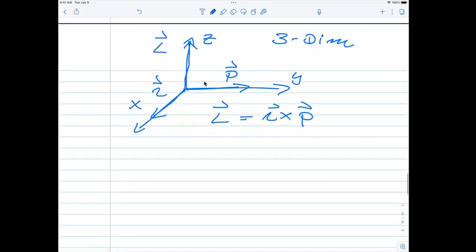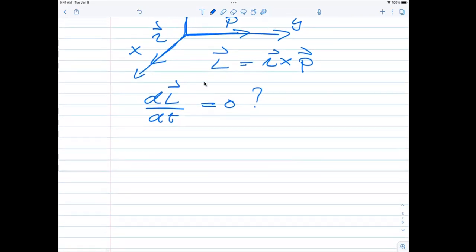And then we want to see now whether dL/dt is equal to 0, and which conditions we have for it to be 0. So let's now make the calculations. And now we need the exercise. So everything comes back actually.